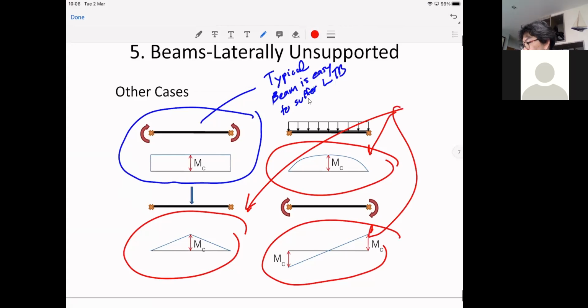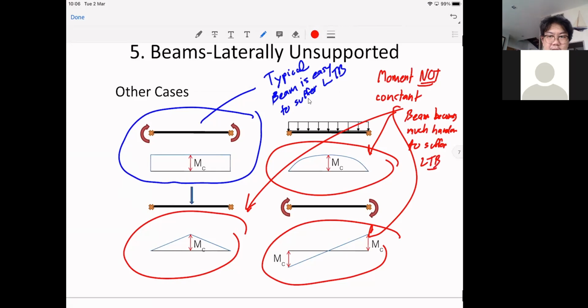whatever the case you may have, moment not constant, beam becomes much harder to suffer LTB, or lateral torsional buckling.